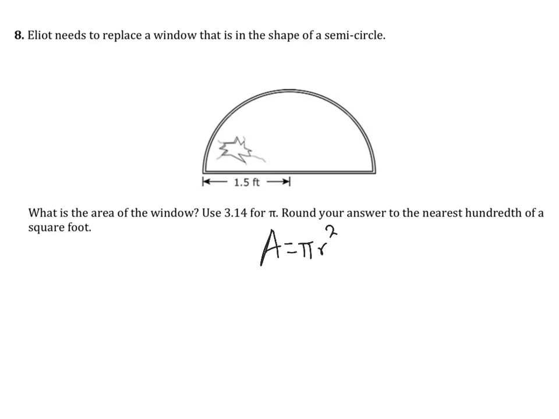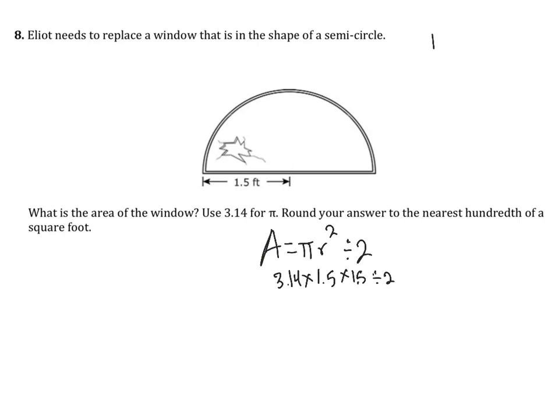Now since it's only half a circle, a semicircle, we also have to divide by 2. So we know that the radius is given in the picture, and that is 1.5. So we have to multiply by another 1.5. And we have to multiply by 3.14. Then we have to divide by 2.